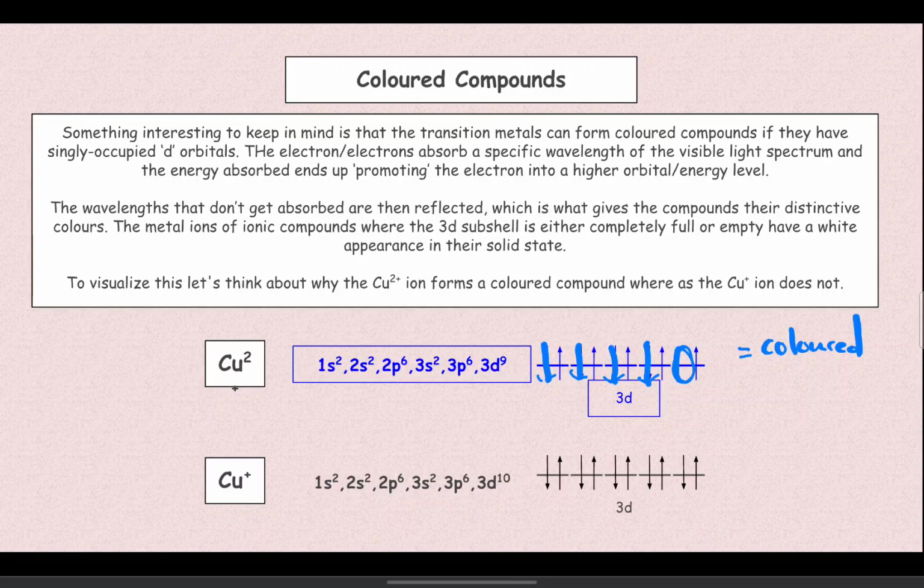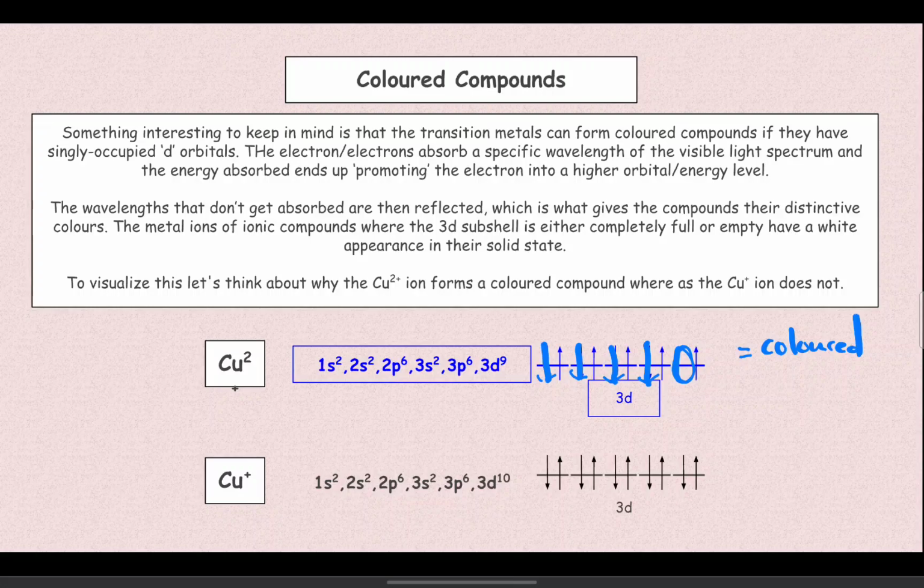Whereas with Cu2+, the blue wavelength specifically gets reflected, whereas the others get absorbed because it's missing that electron there. And that is basically why colored compounds are colored compounds.